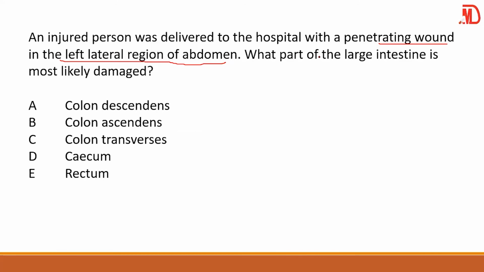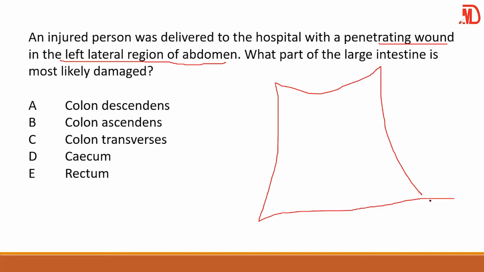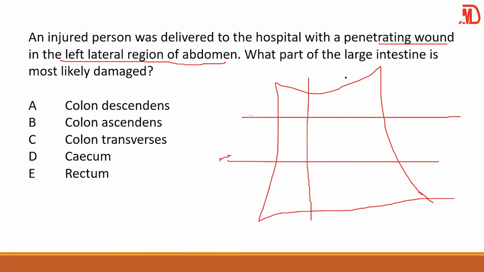So guys, I don't know if you know this, but assuming this is your abdomen, you know that usually the abdomen is divided into 9 equal parts. So this is your abdomen laterally.